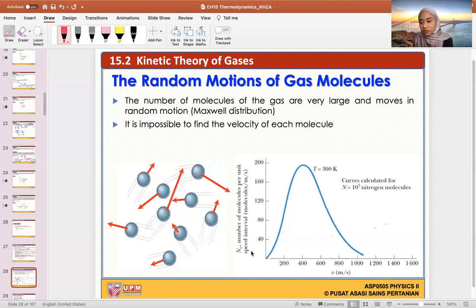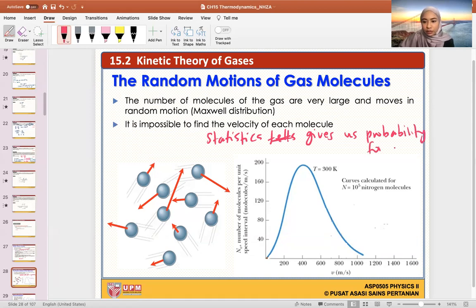The probability of this molecule to move at a certain speed is 0.1. Maksudnya, statistics gives us the probability of a certain occurrence to happen. I don't know if that's the right word.